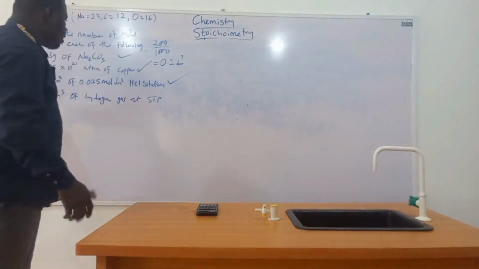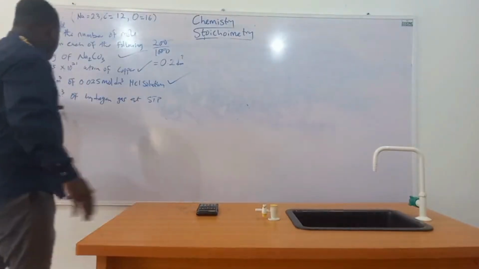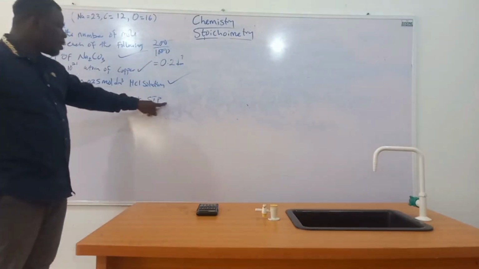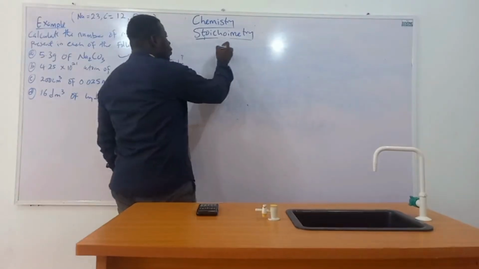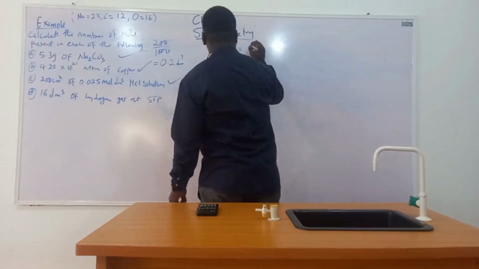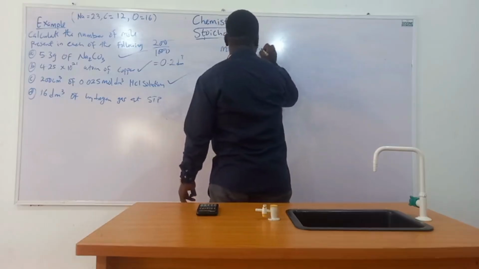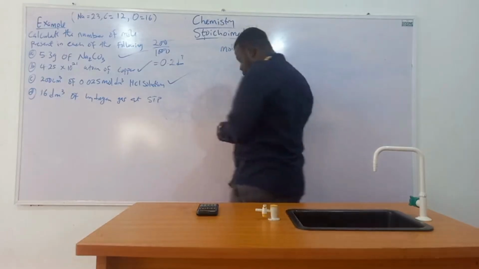Please solve A, B, C. So let's solve D. Now, if you look at D, you find out that there is STP, right? So what do we recall? Recall our formula that says mole is equals to, for STP, the volume over 22.4.